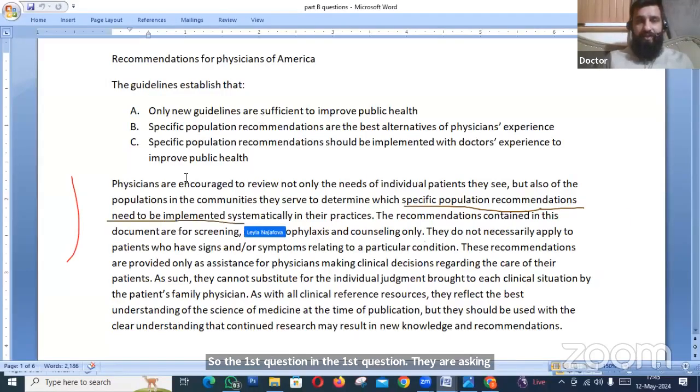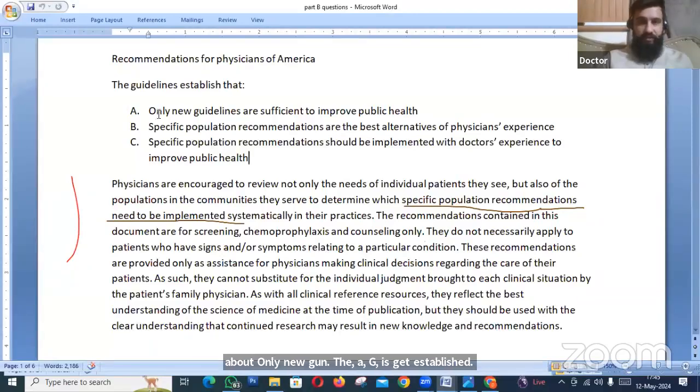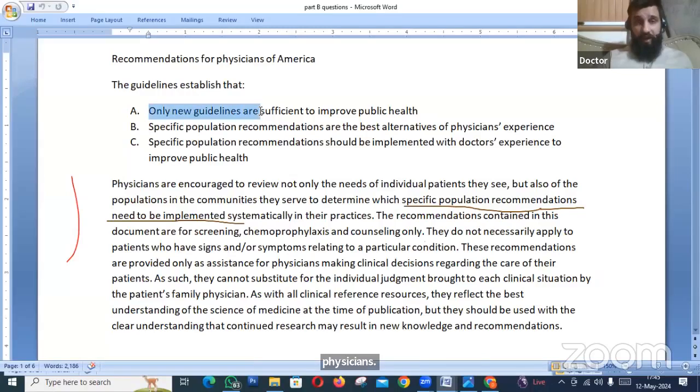These are guidelines that are established for doctors, for physicians. In those guidelines, only new guidelines are sufficient to improve public health. So where is this answer given? Can you just write in the chat in which line? Just write the line.